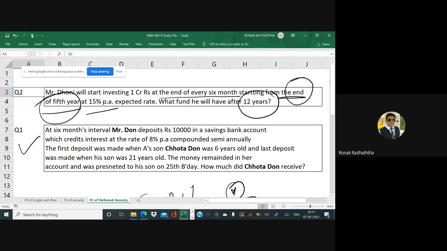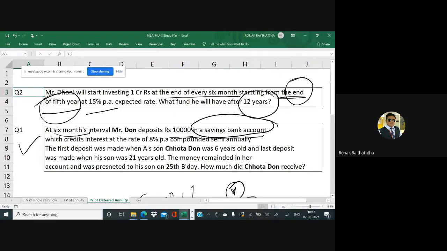At 6 months interval, Mr. Don deposits 10,000 in a savings bank account from whatever the narcotics and the business of drugs and charas and ganja he is earning from the Europe. He wants to invest 10,000 in a savings bank account in every 6 months.